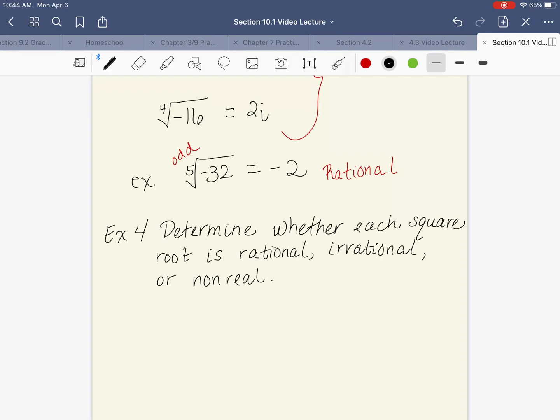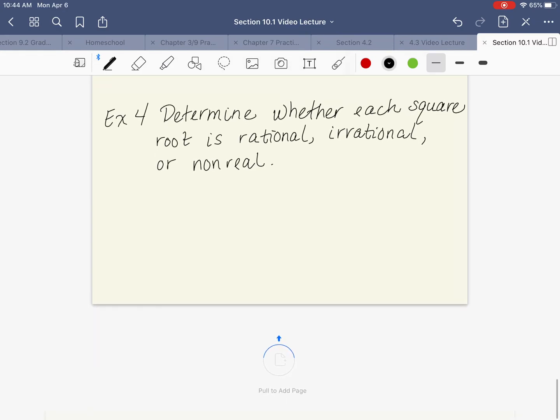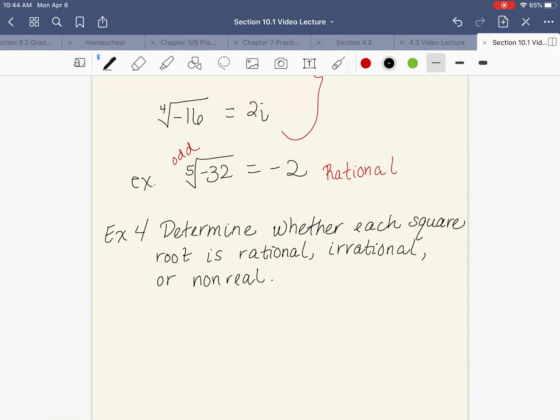Okay, so we want to determine whether each square root is rational, irrational, or non-real. So the first one is the square root of 17. This is a non-perfect square. So that would make this one irrational.